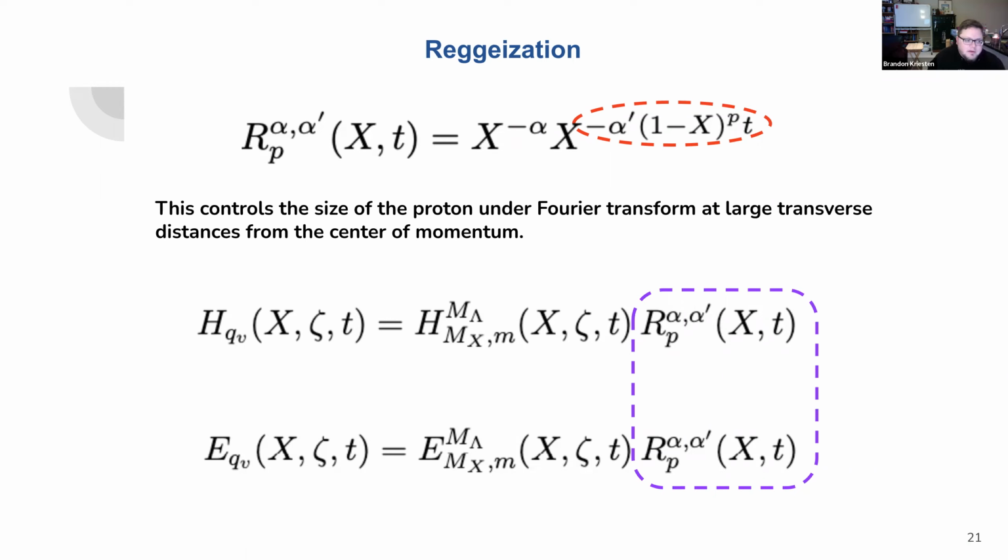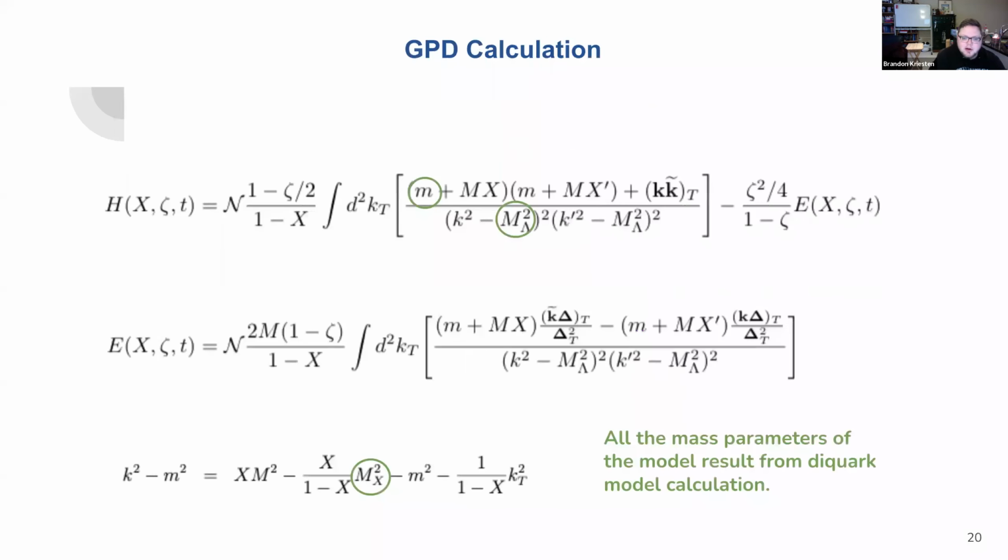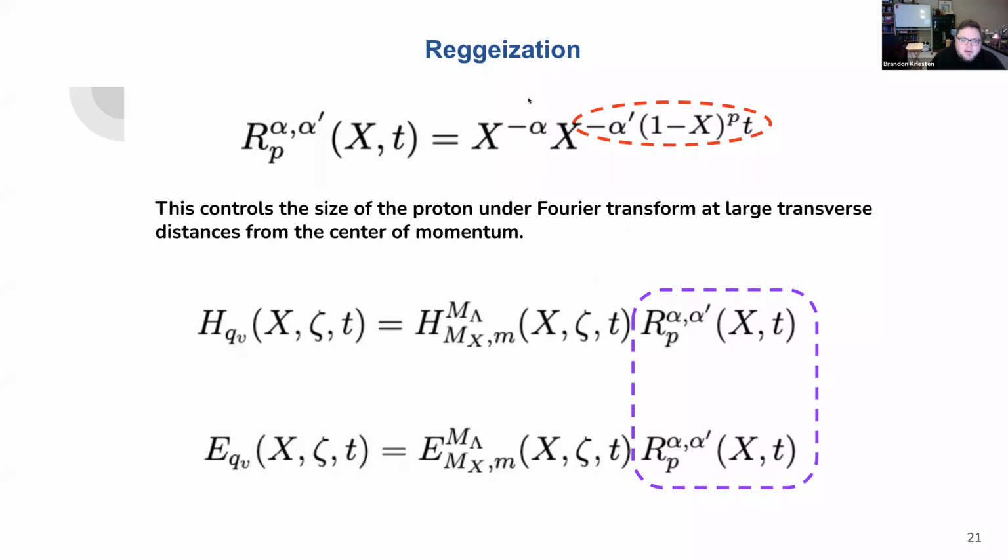When you take a certain spectral distribution and multiply it by the diquark calculation here, and integrate over the mass mx that appears here, what you end up finding is that this x to the minus alpha pops right out.